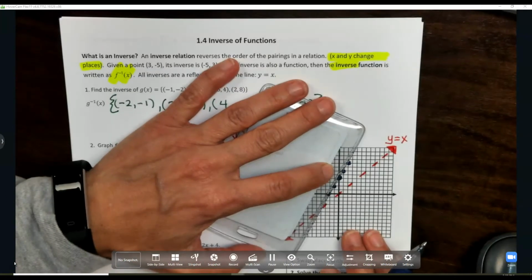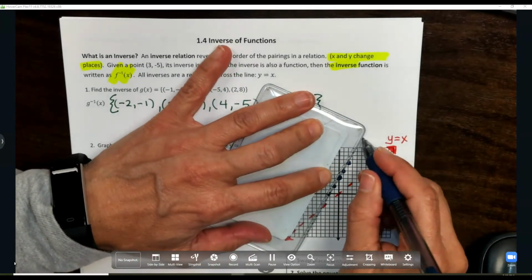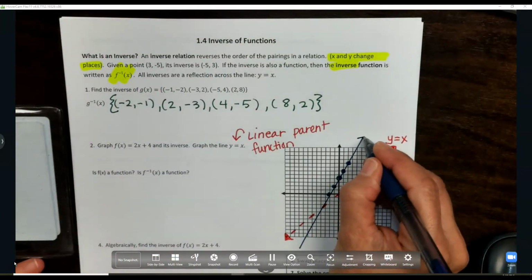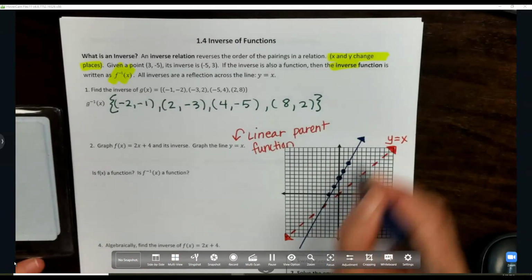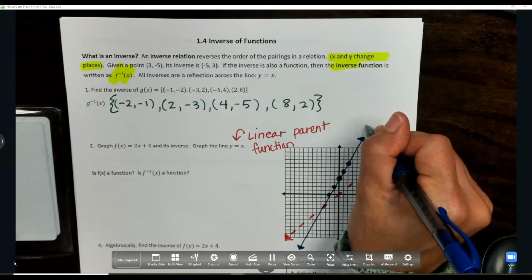Line up your dots and connect those. This time we're going to connect with a solid line. Draw your arrows. And again, we label everything. Y'all, we're going to label this f of x.